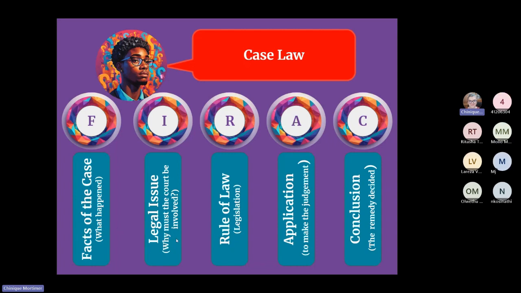So what is the legal issue? It's service delivery neglect on the part of the municipality. And you know, did the girl lose her arm because there was no maintenance on that line? The rule of law is going to be my municipal local governance act, and then the application is going to be what the court decided.